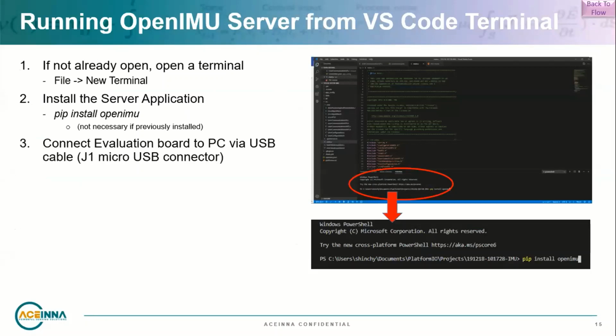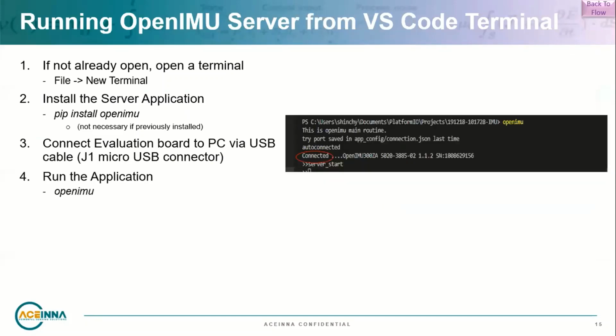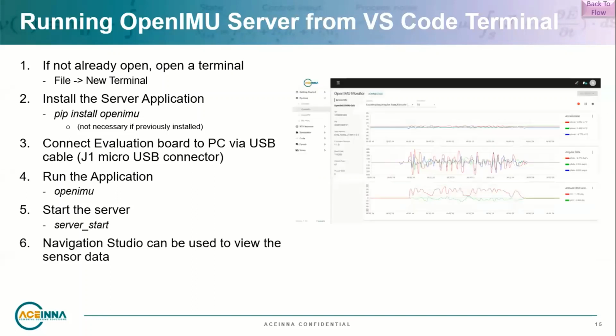Make sure you have the evaluation board connected to your PC through the USB cable, then run the command OpenIMU, and it connects directly to the unit. Then you have to start the server. The command is server_start. Finally, you can use the Navigation Studio to view the data in real time. And you can type stop or exit to stop the server.